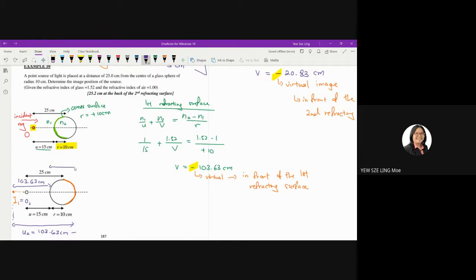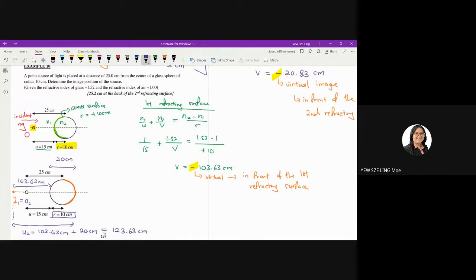The diameter is from here to here, which is 20 cm, because R given is 10 cm. So plus 20 cm, which means my U2 equals 123.63 cm.